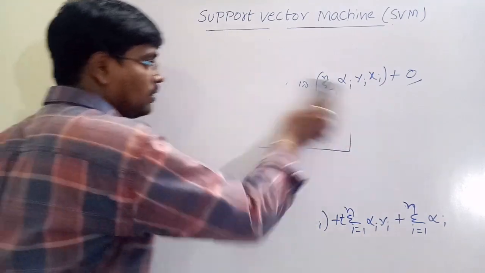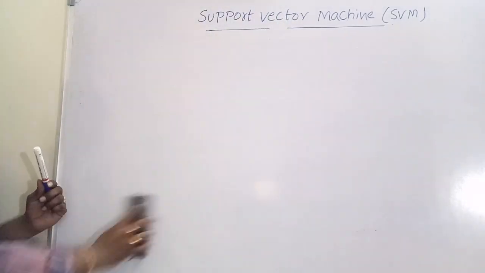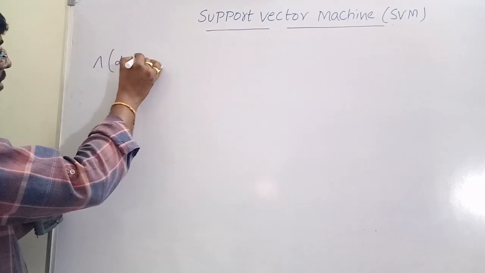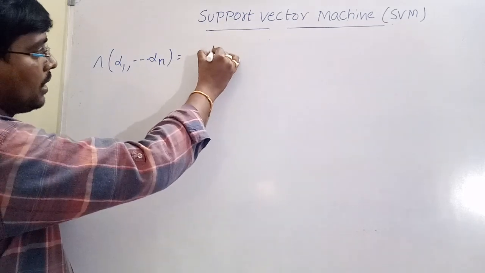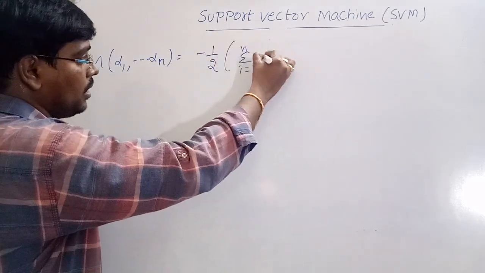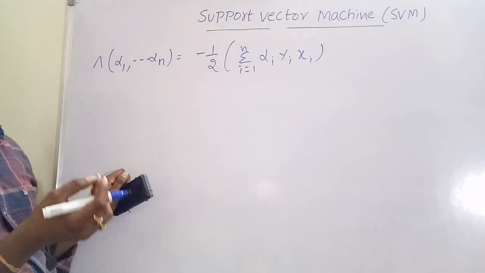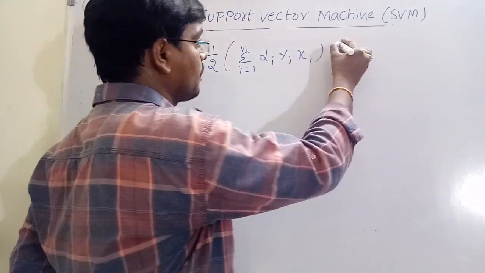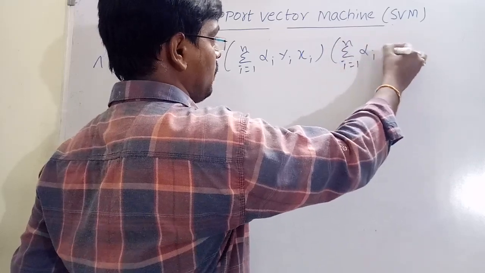So I will write that one. The dual optimization problem: delta of alpha 1 to alpha n is equal to minus 1 by 2 sigma i equals 1 to n alpha i yi xi, sigma j alpha j yj xj, plus sigma i equals 1 to n alpha i.